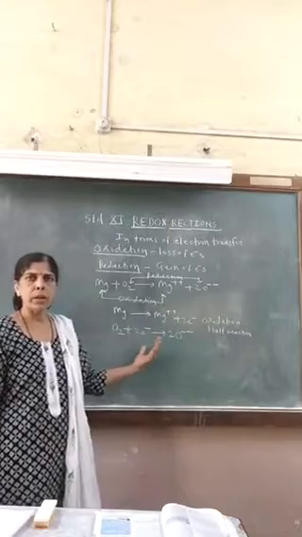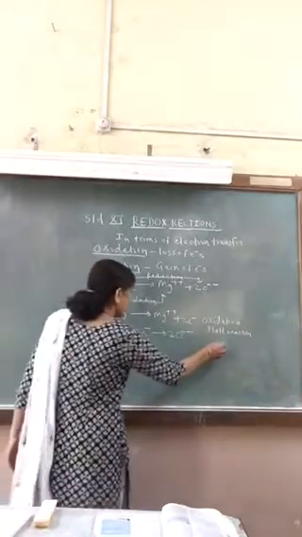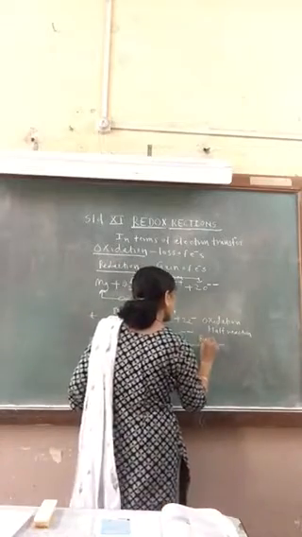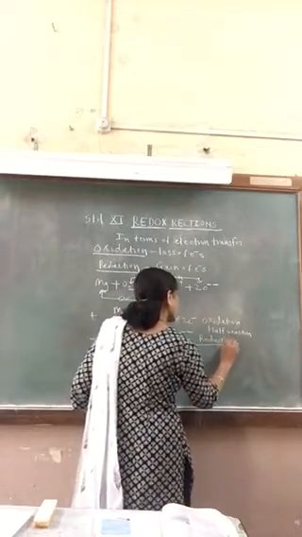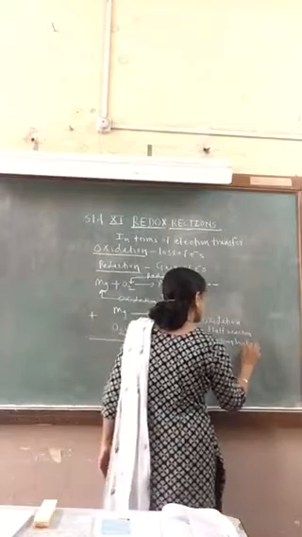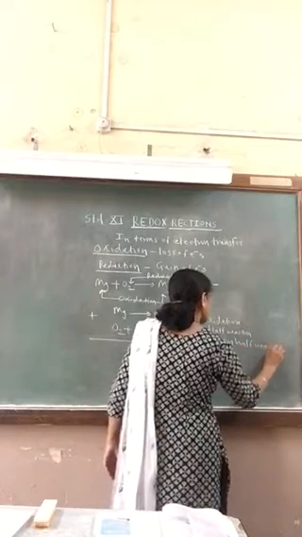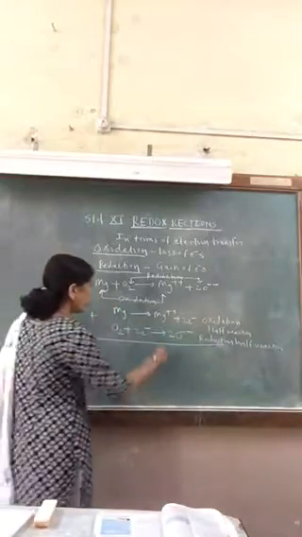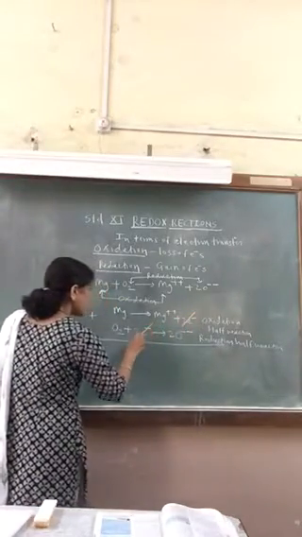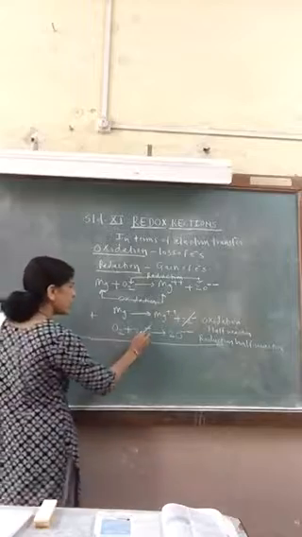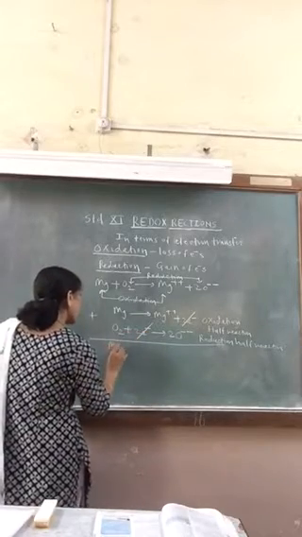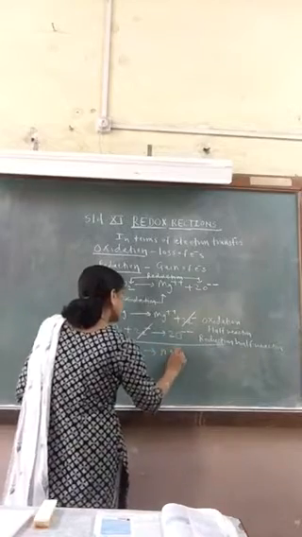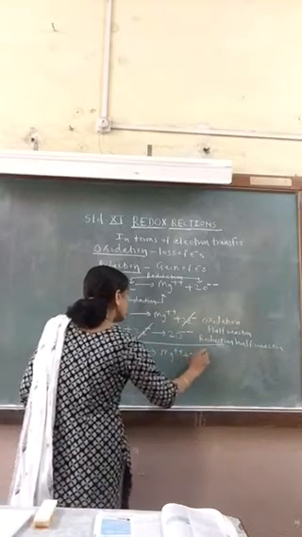So, if we add the oxidation half reaction and this reduction half reaction, after adding, electrons given and taken will get cancelled, and the overall reaction will be Mg plus O2 giving Mg2+ plus 2O2-.